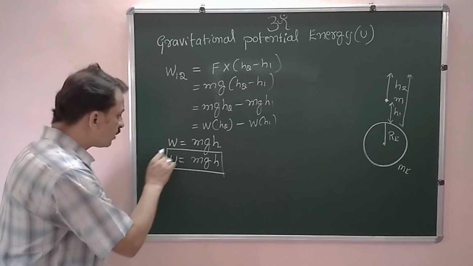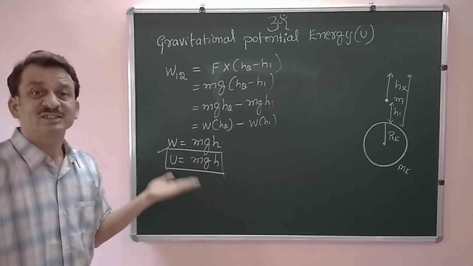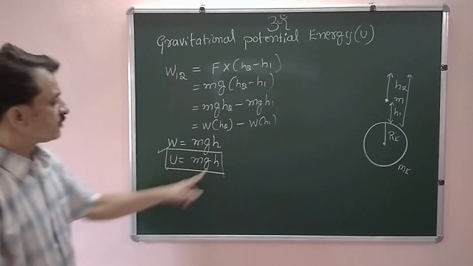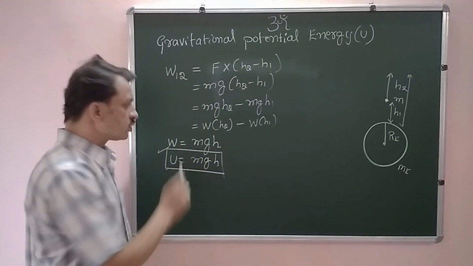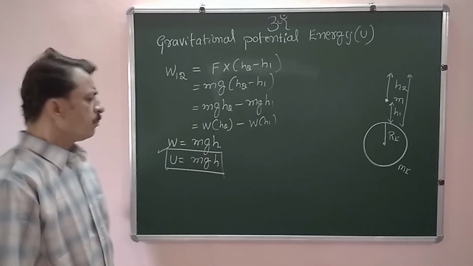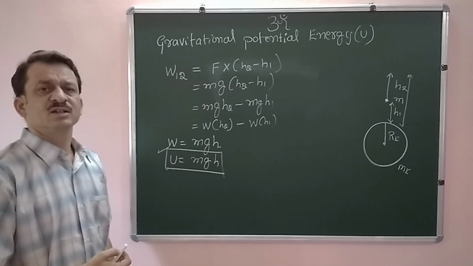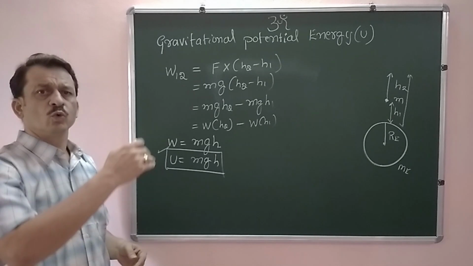Now we are using this formula only when g is assumed to be constant. That means if this height is very close to the surface of the earth, so that the acceleration due to gravity g is taken to be constant. But in some other cases, g is not constant as we move upwards.